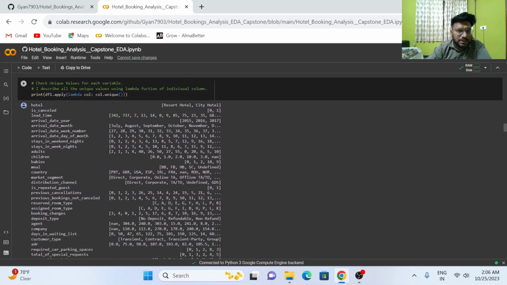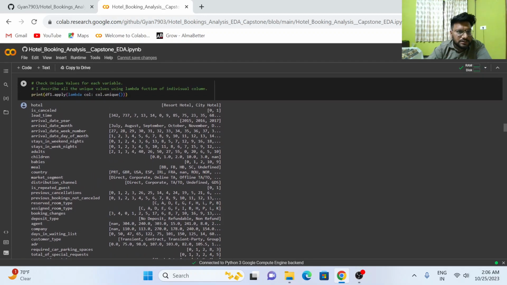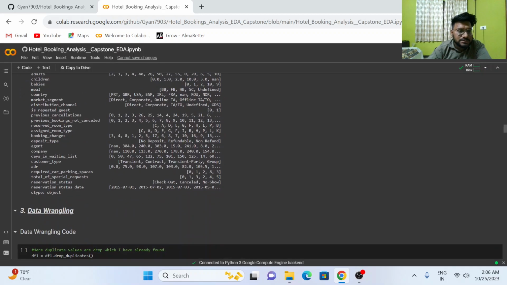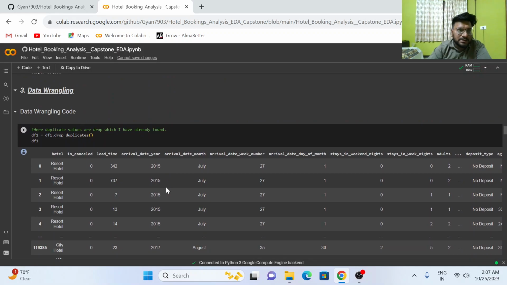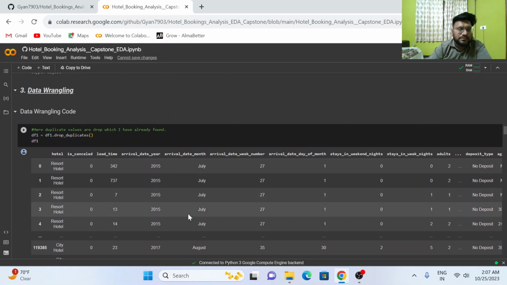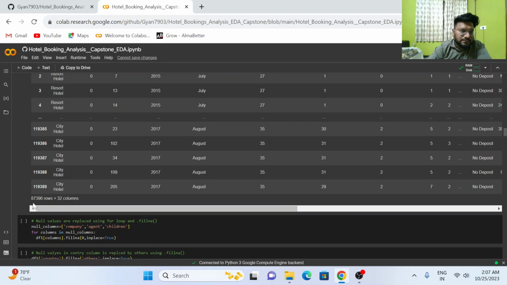You can see these are all the unique values which are given over here, using the lambda function for describing our unique values in the dataset. We'll start with the data wrangling part, and in data wrangling, first we will drop all the duplicates, which will leave us with 87396 rows and 32 columns.